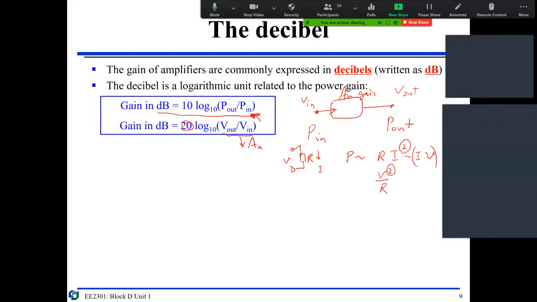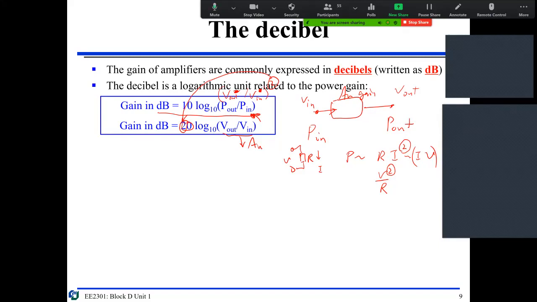Because of this square, it will become this 20. So P is proportional to V square, okay? So this is V out square divided by V in square, okay? It's a bracket squared, and the square comes inside the log. So the outside is 2 times 10, which is 20. So for the signal magnitude gain, which in the future we simply call gain.